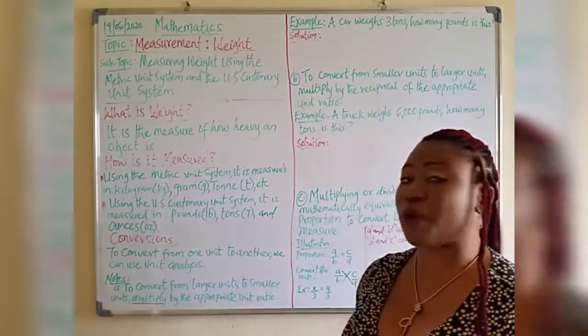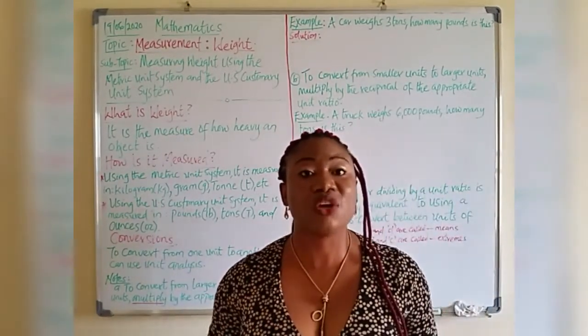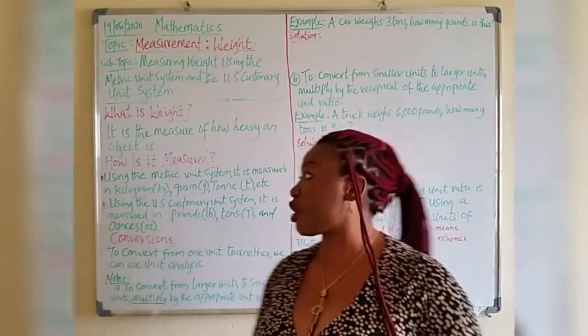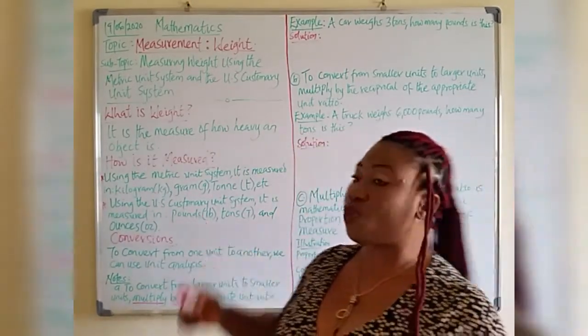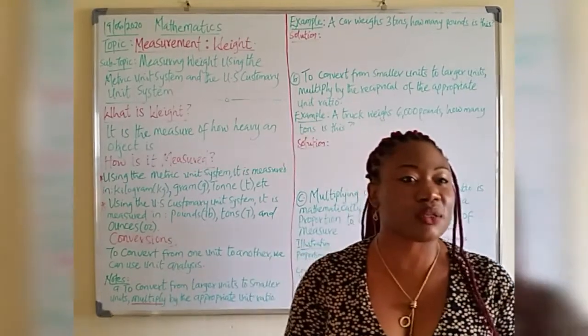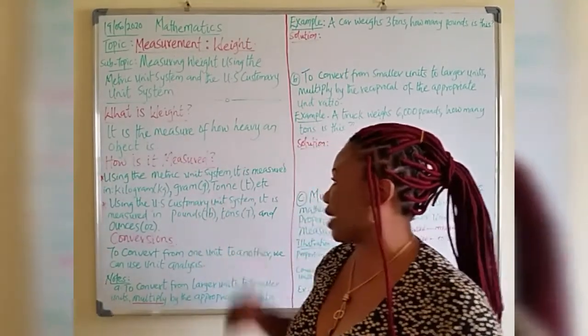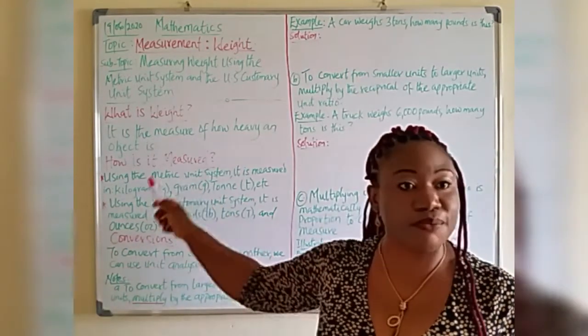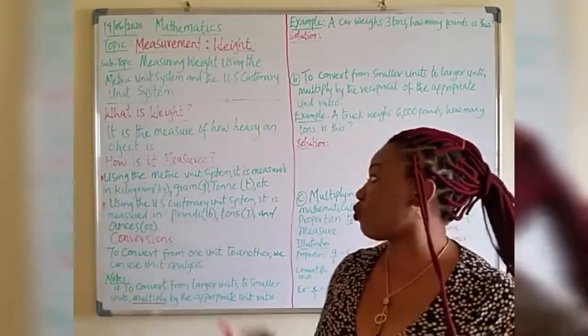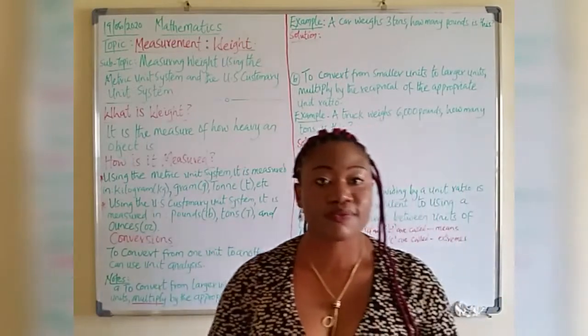Now, we also talked about appropriate unit ratio. That is where numbers come in. Because, for instance, when you look at your mass and weight measurements at the back of your exercise book, you get to note that 1,000 gram makes a kilogram, right? And 1,000 kilogram makes a ton.